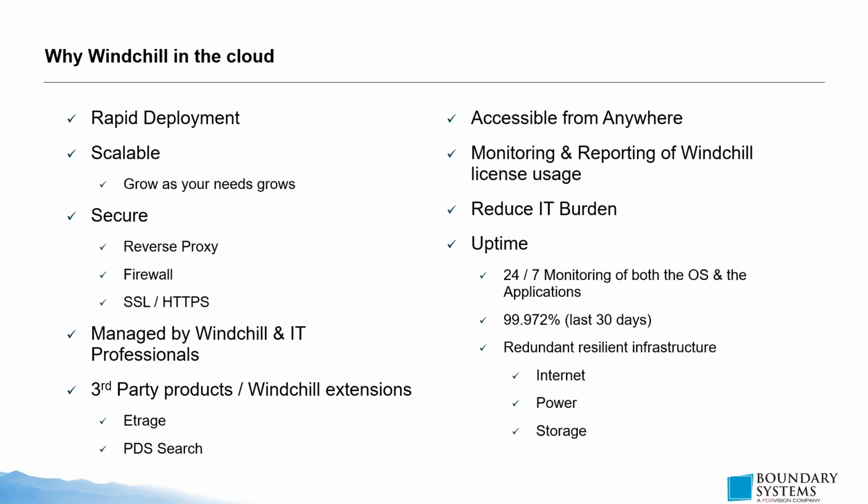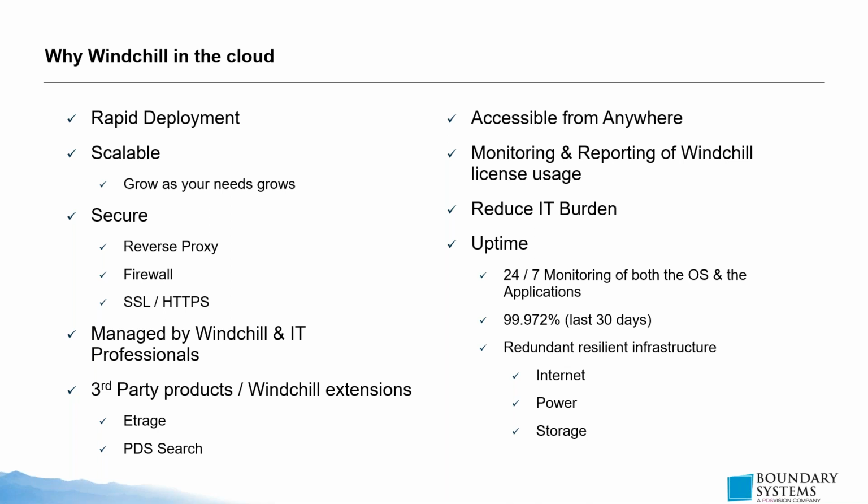So now on the migration process. In order to fully migrate the system, the first thing we'll need is access to your current Windchill environment. There's a couple of ways to do this.